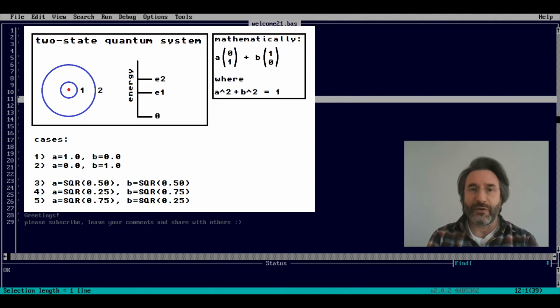The plot that is shown there is a different example of a qubit, which instead uses energy levels. You can think of this, for example, as a quantum dot, which has two different energy levels, E1 and E2. If your system is in the energy level E1, this corresponds to a 0, and if your system is in the energy level E2, this corresponds to a 1.